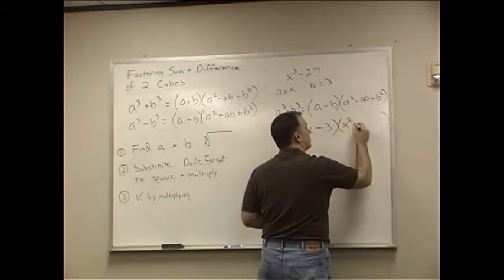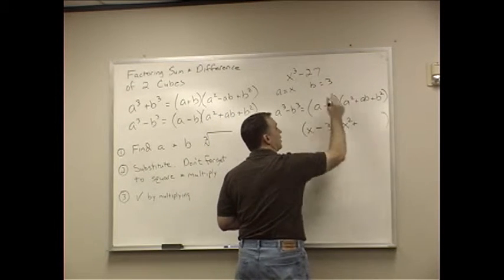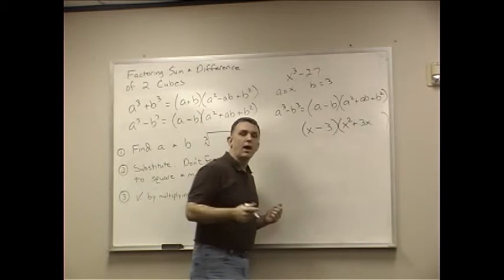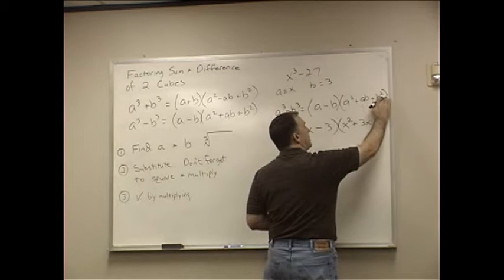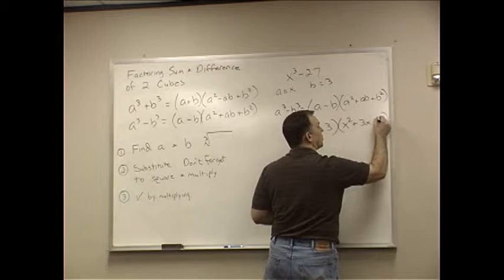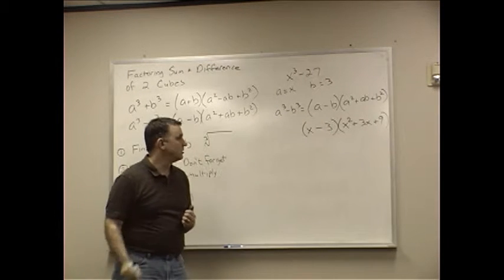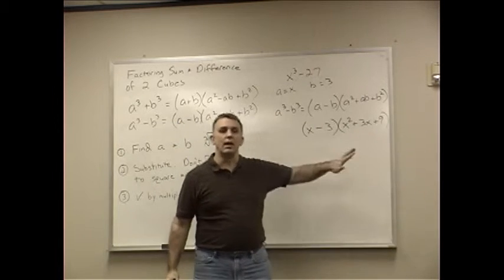Plus ab, so I'm going to write a plus. I'm going to multiply a times b, so I got x times 3. I'm not going to write x3, I'm going to write 3x there. And then I've got b squared. The value of b is 3, so 3 squared is 9. All right, and that is mechanically how you do that.